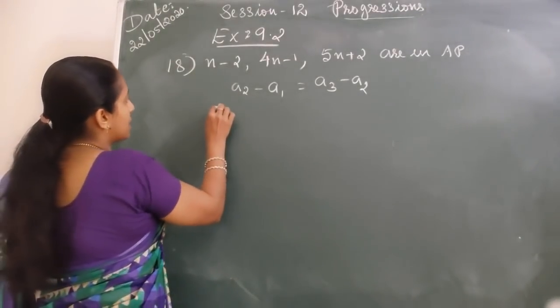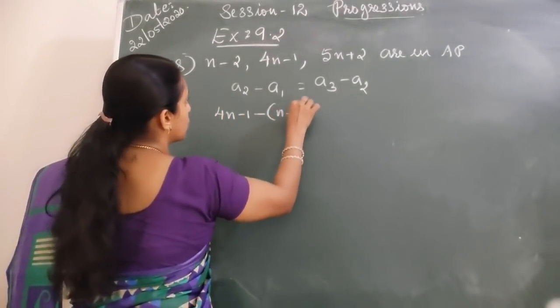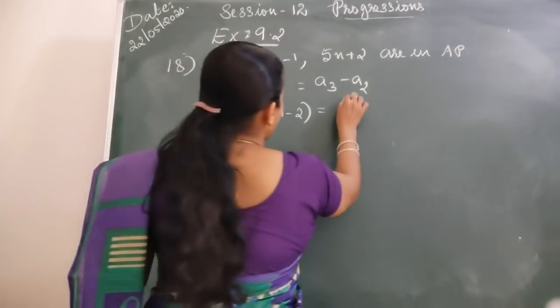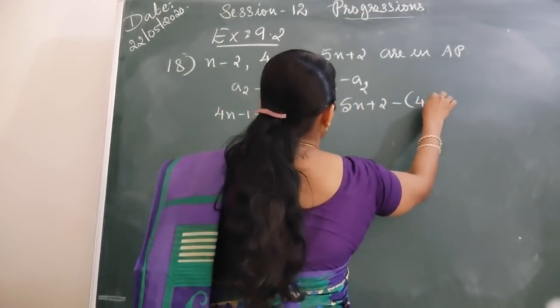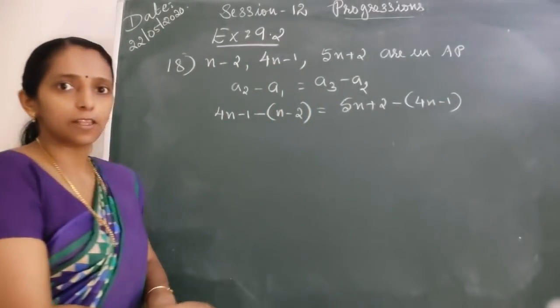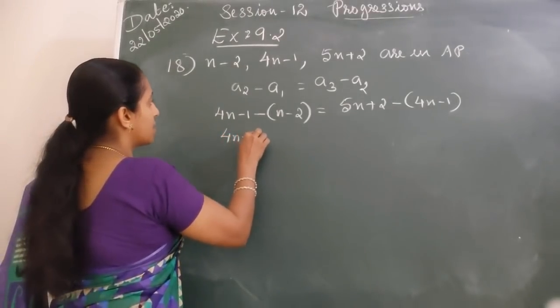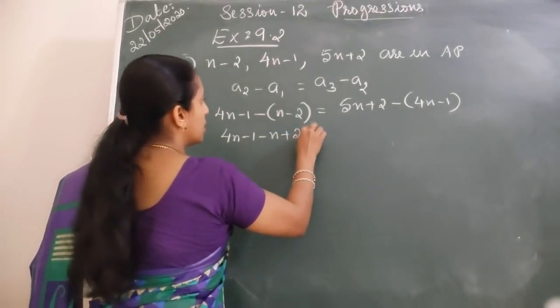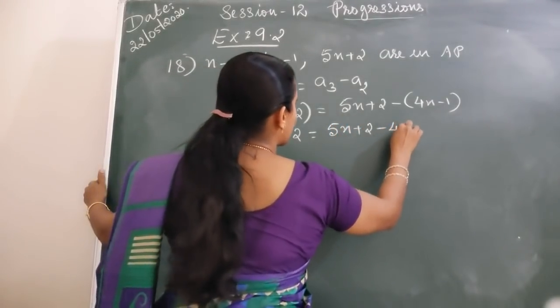So you are taking 4n minus 1 minus n minus 2 equal to 5n plus 2 minus 4n minus 1. Now you can calculate the value of n. 4n minus 1 minus n plus 2 is equal to 5n plus 2 minus 4n plus 1.